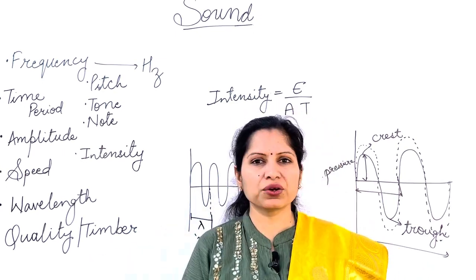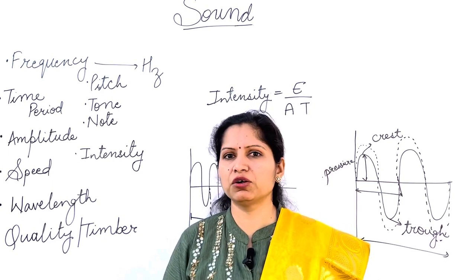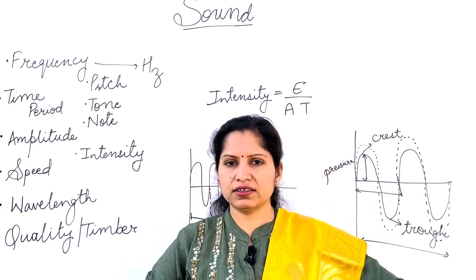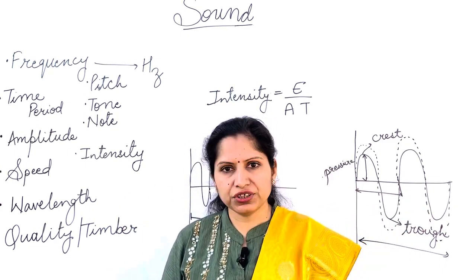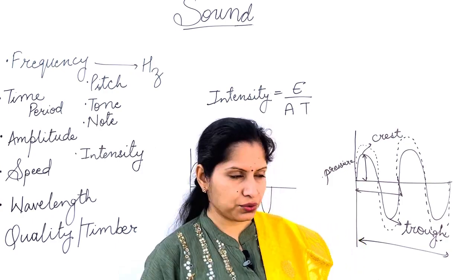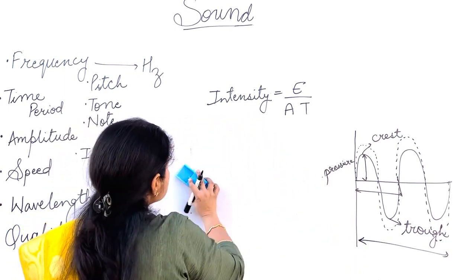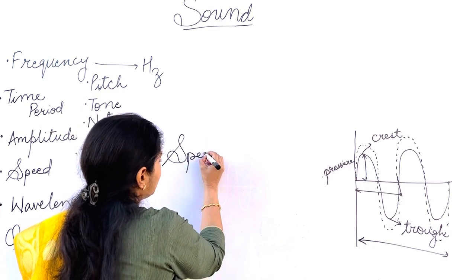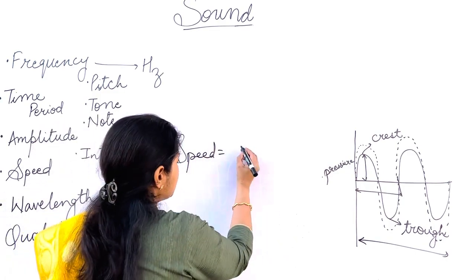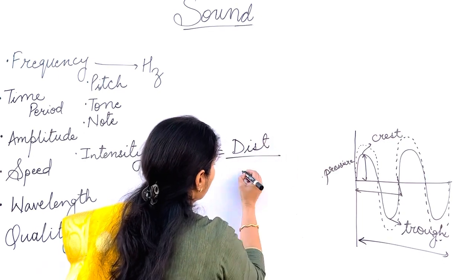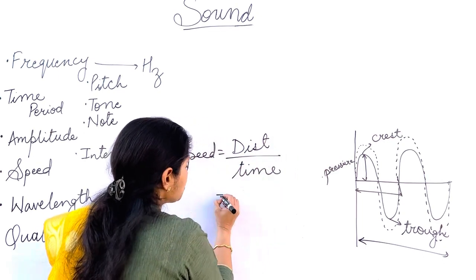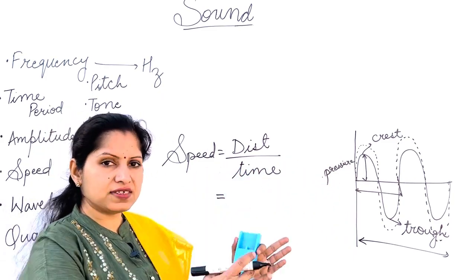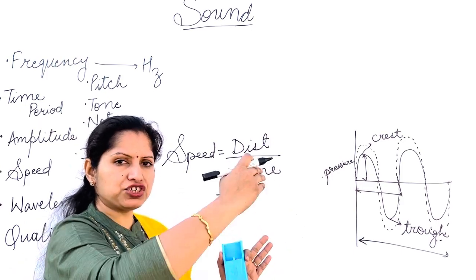Next we are going to do some numericals, but before that we'll learn about the speed of sound. When the sound wave is traveling, the distance covered by the sound wave per unit time is known as its speed. You always know the formula of speed: speed is distance upon time. When we talk about a sound wave, this distance is the wavelength, the distance covered between one consecutive compression and rarefaction.